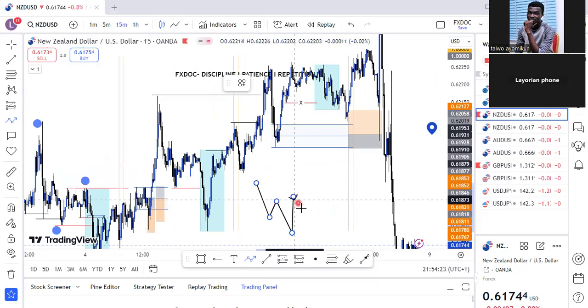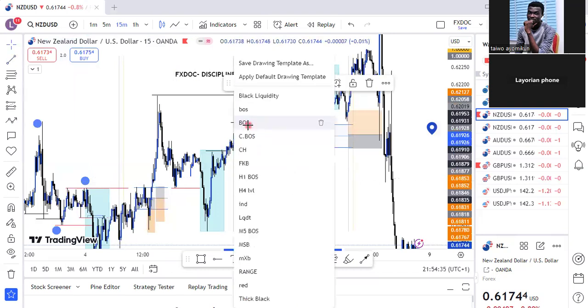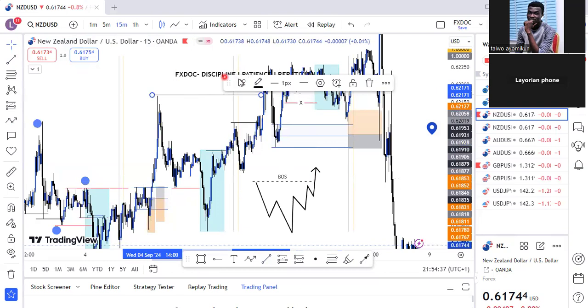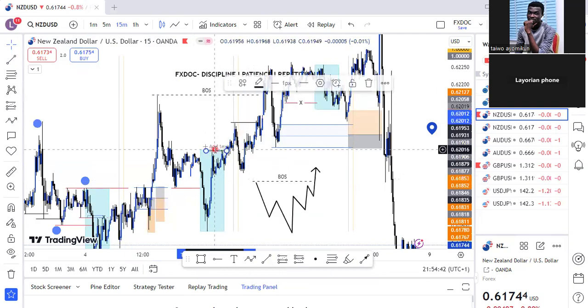Takes out this high, comes back, takes out this high, and one last push. So this is what we have. So this representing the break of structure right here, which is the BOS, just like this one. And then we have the internal ones, the smaller BOS, which is the minor move.